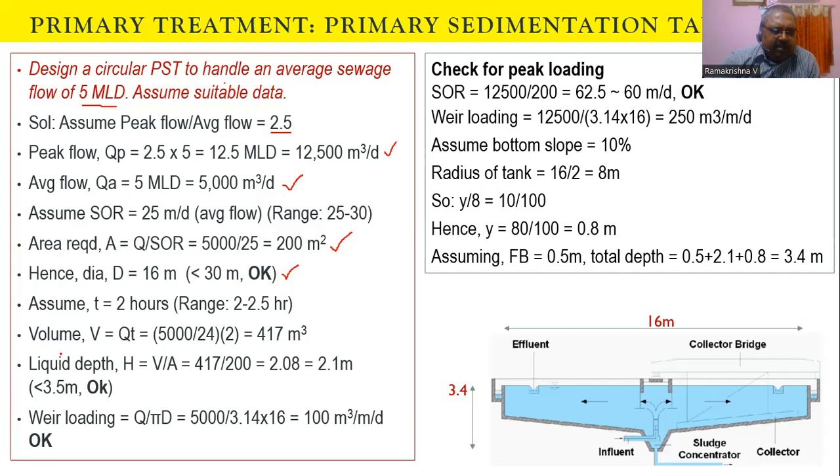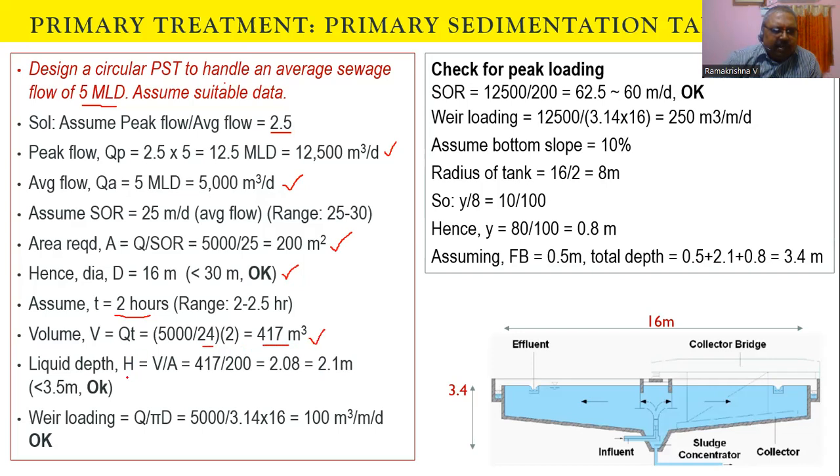And within the range of 2 to 2.5 hours of detention time, if we assume 2 hours, the volume of water in the tank will be equal to area multiplied by depth, or volume is equal to discharge multiplied by time. Discharge is 5,000 meter cube per day, so it should be converted into hours by dividing by 24 and multiplying by 2 hours. We are going to get 417 meter cube.